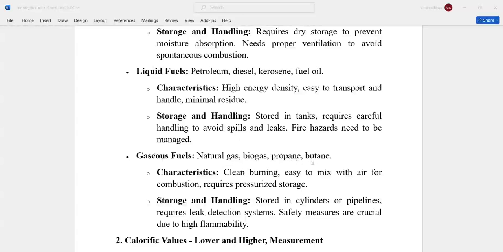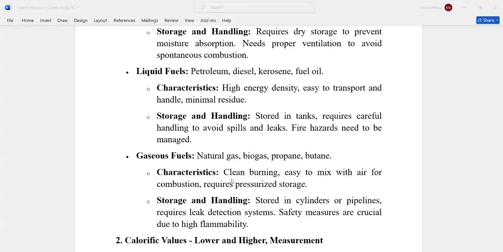Butane and propane, we shall see them ahead. They belong to a group of hydrocarbons called alkanes, and we will see how you can differentiate them from other hydrocarbons.